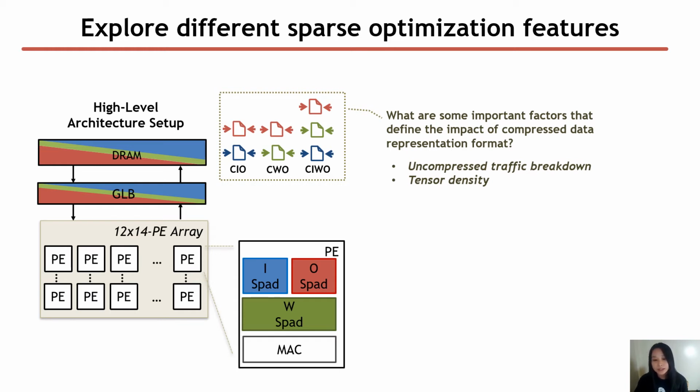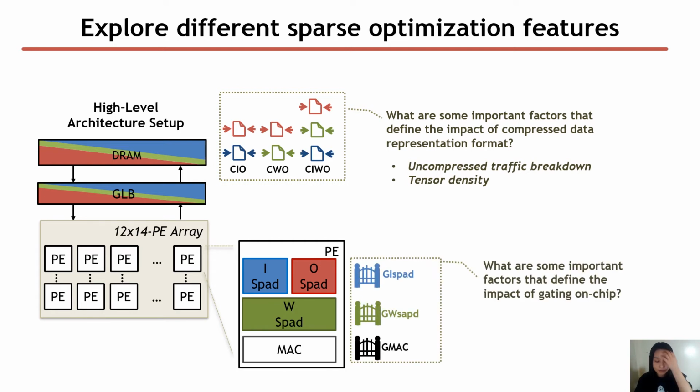So let's look at a more complicated example where we actually want to study the impact of gating on chip. And we look at 3 examples: gating the input scratchpad, gating the weight scratchpad, and performing gating on the actual computation, which is the MAC.